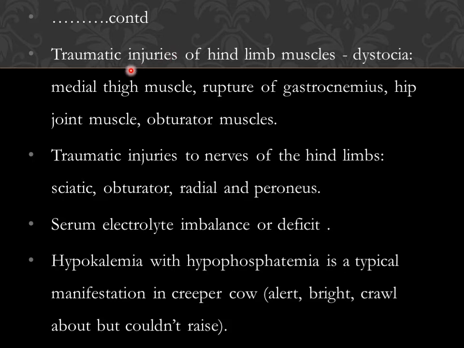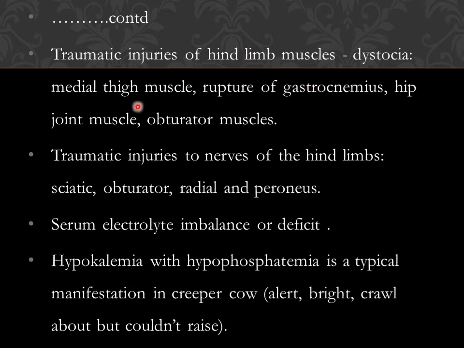Over and above this, traumatic injuries of hind limb muscles, especially due to dystocia, lead to DCS. The involved muscles may be the medial thigh muscle, rupture of the gastrocnemius muscle, injury to hip joint muscles, and obturator muscles.